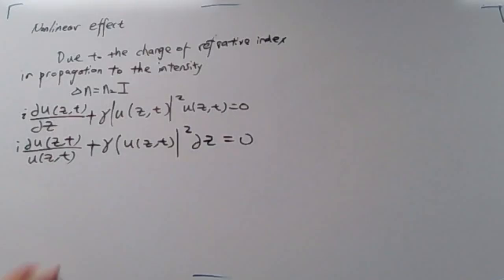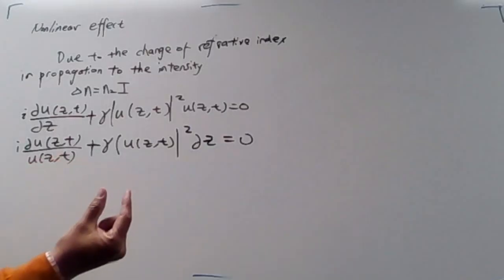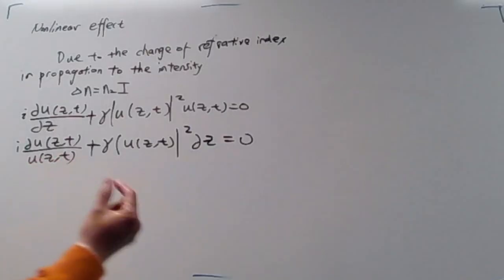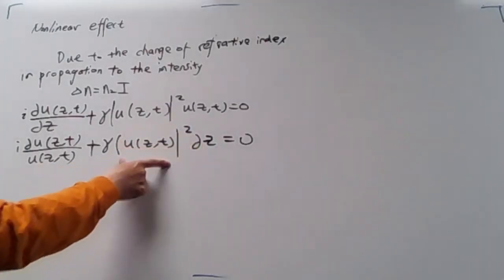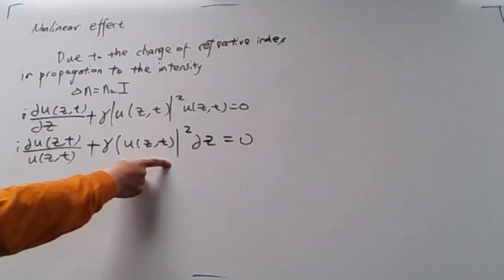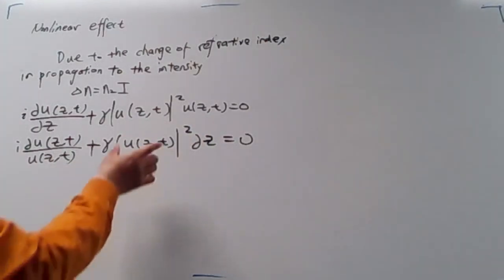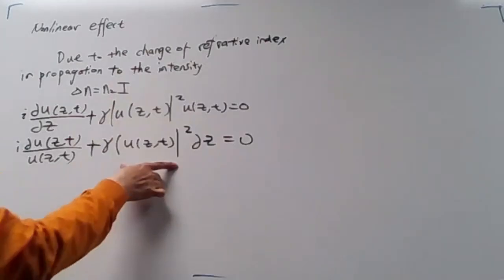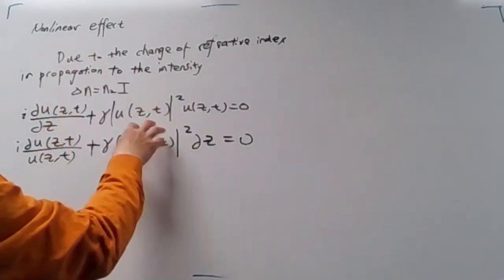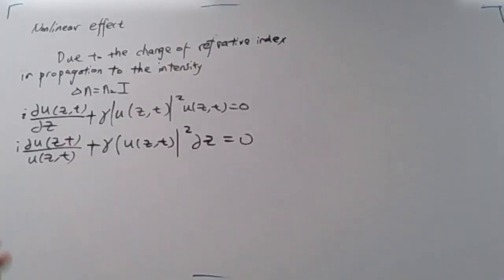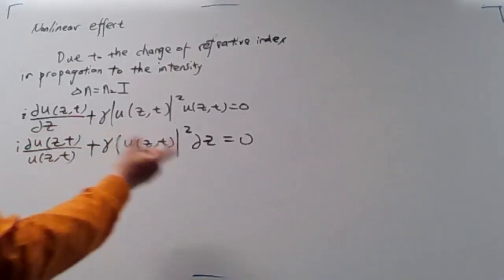We will assume we're only taking small steps. dz is small, so this u(z,t) doesn't change a lot. There is an assumption that dz is small. We assume this is a constant within a small dz.